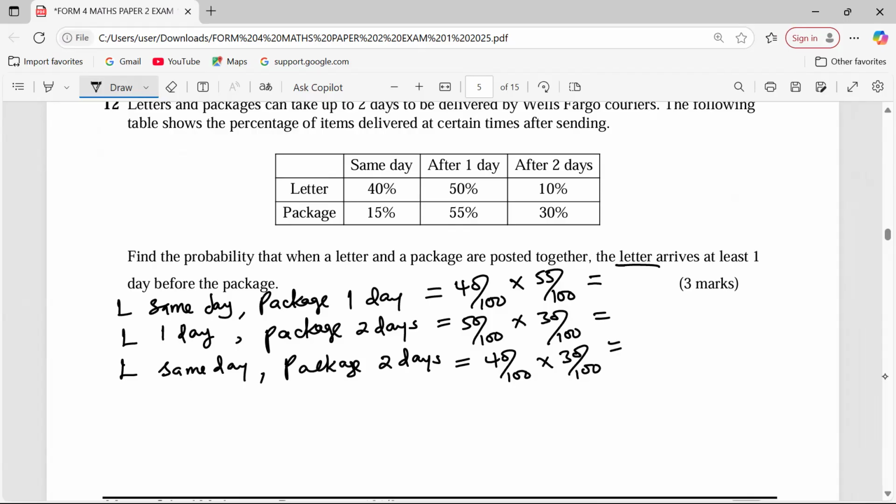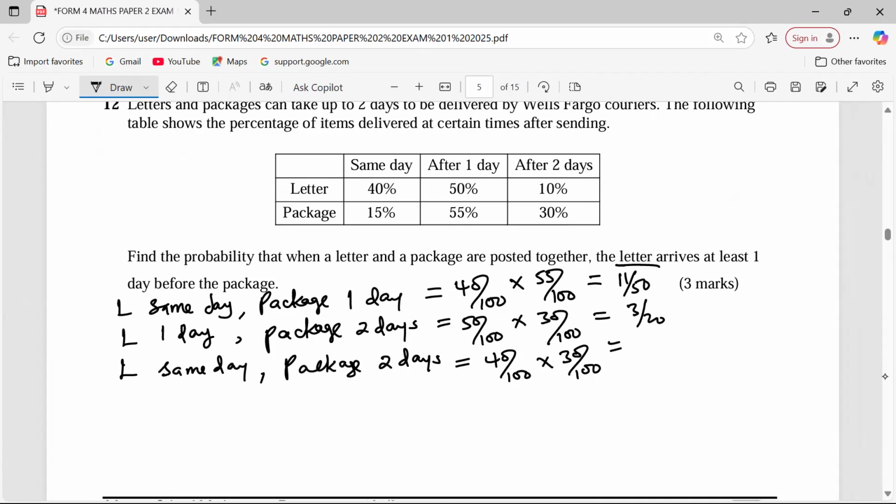So let's get all these possibilities. 40 by 55. So the first is 11 over 50. The second is 3 over 20.